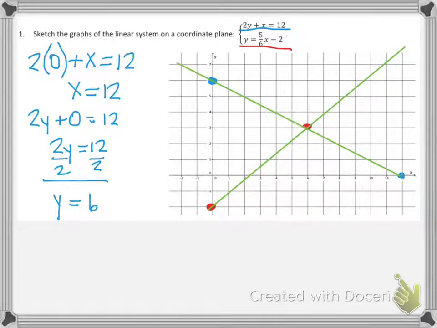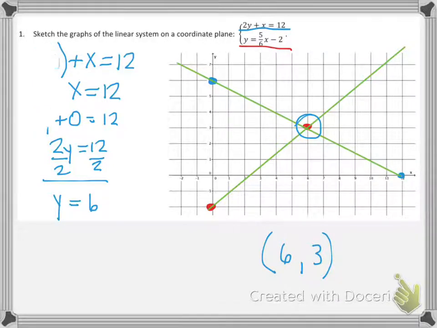And it looks like our intersection point is x 6, y 3. The point (6, 3) is the point where the two lines intersect. It's the only point that will make both equations true.